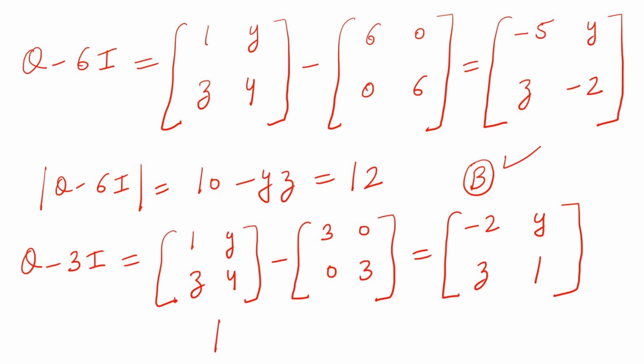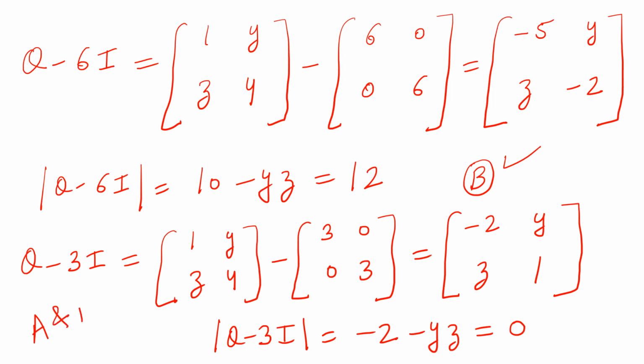Now students, the determinant of q minus 3i becomes equal to minus 2 minus yz. Now since the value of yz is minus 2, clearly minus 2 minus yz becomes equal to 0. That means option C is not correct. So finally we conclude that option A and B are correct for this question. Now students, we move towards the next question.